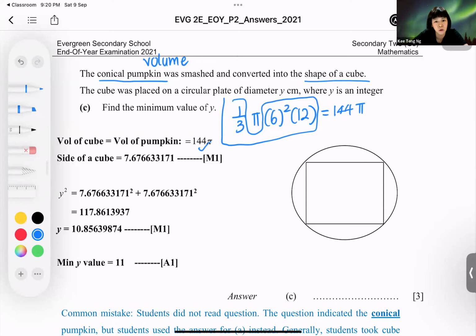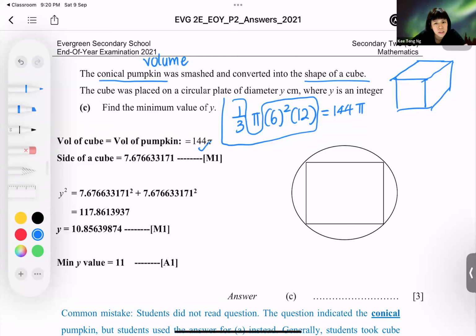All right, so that's the volume of the cone itself, and now it's being shaped into a cube. What is a cube? A cube has length, breadth, and height all the same, right? Oh, my drawing of a cube is so ugly.